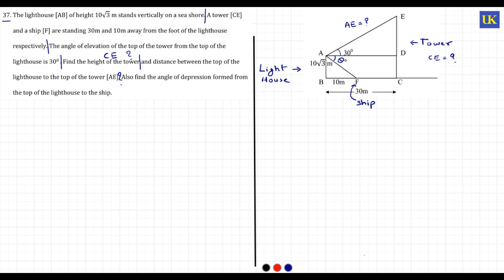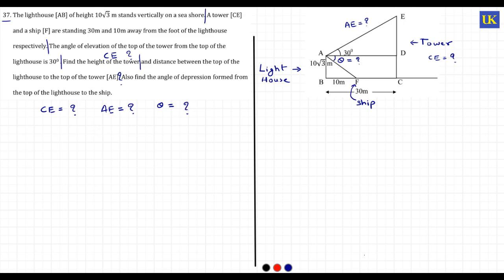So they are asking us to find CE, then AE, and also theta. These three things we have to find out in this question.